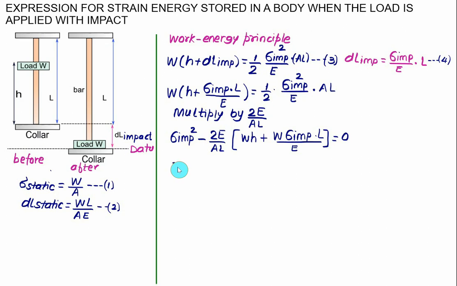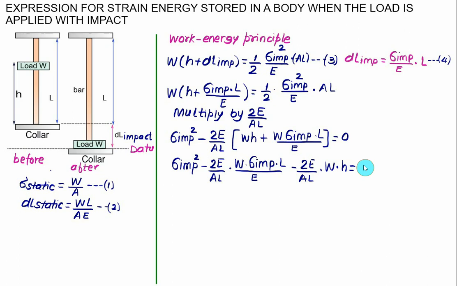Let's expand this and write the equation in standard form. So we have impact stress square. The second term will be minus 2 times E divided by A into L, multiplied by W into impact stress multiplied by length L divided by Young modulus E. The third term will be minus 2 times E divided by AL multiplied by W multiplied by H, and the right hand side is equal to 0.